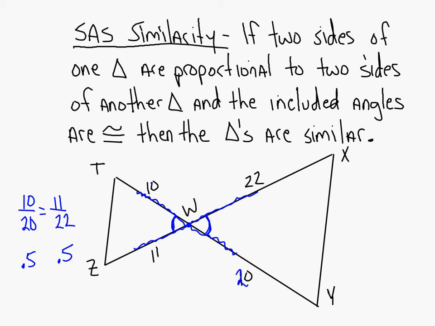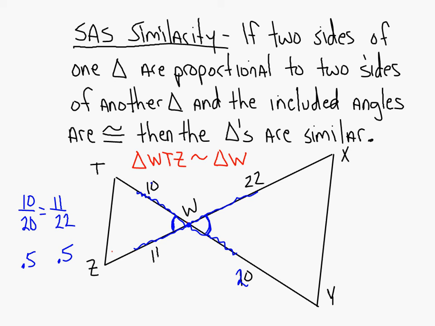Again, you can call the triangle on the left whatever you want. Triangle WTZ is similar to triangle... If W went first, W's got to go first again. So we went WT, so we did the short side of the two.